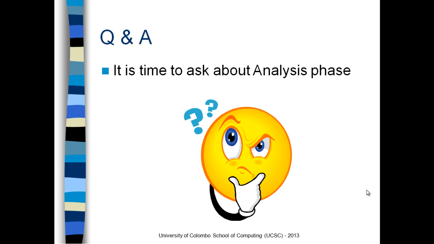When it comes to the implementation part, the question is: what are the success factors for implementing systems? If I say it in one word, the success factor should be working software. Things should work.